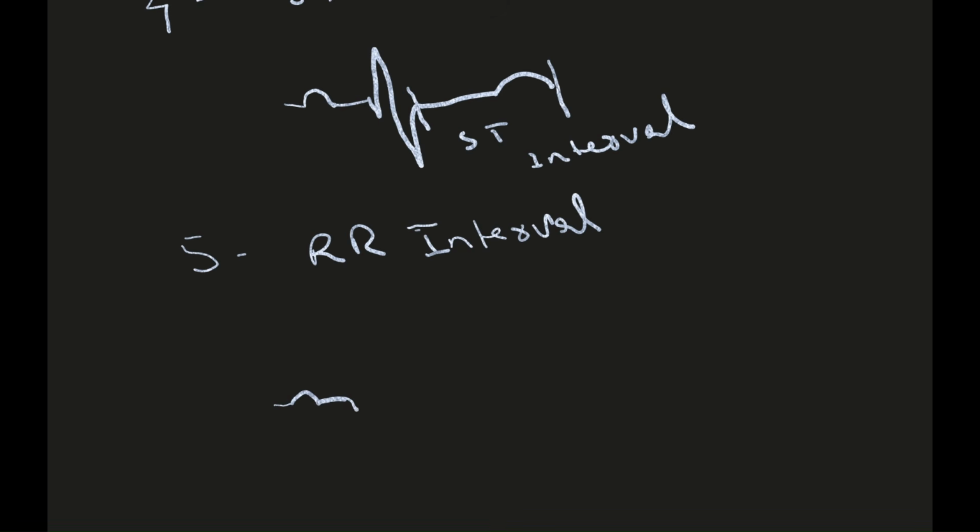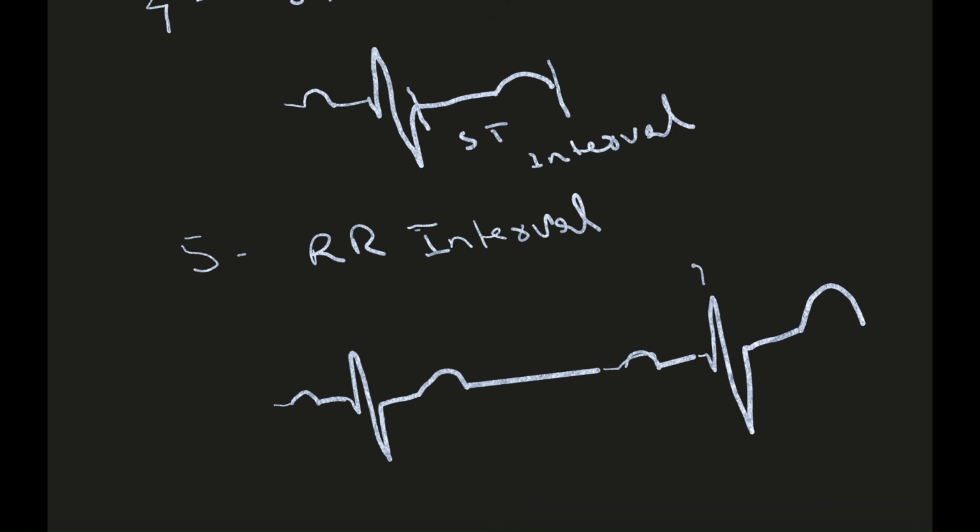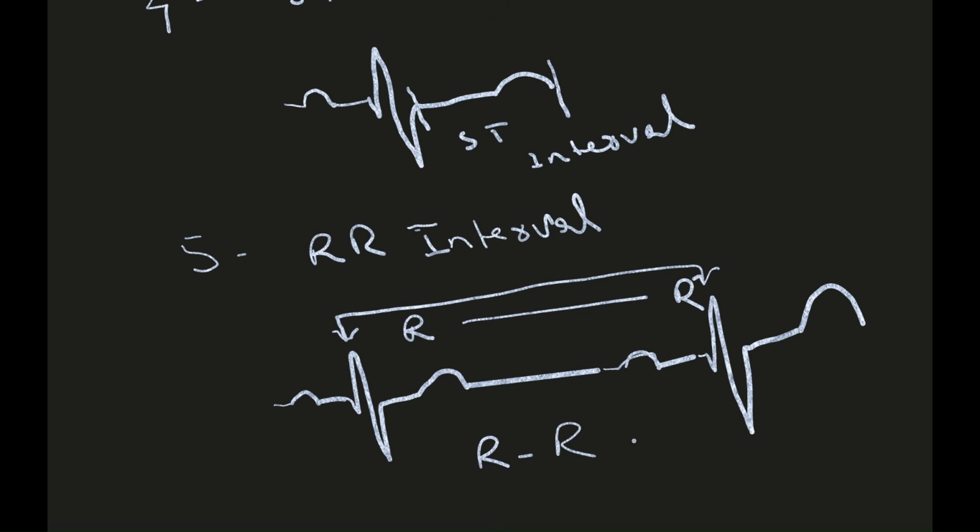This is the P wave, QRS, T wave, then there is another P wave, QRS, T wave. So this interval from one R to another R is your RR interval, and it is also important.